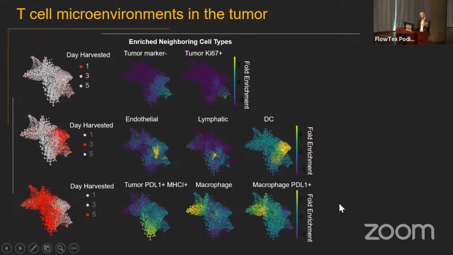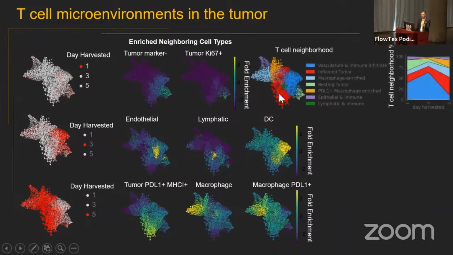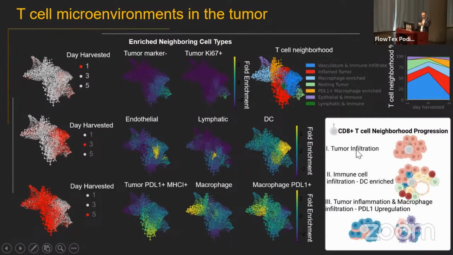This is really interesting and shows the rearrangement of the T cell microenvironment within the tumor. We can quantify that through unsupervised clustering, just like we would cluster cell types or cell subtypes, and quantify how the T cell microenvironments change over time. This way, we're able to characterize the T cell microenvironments and the processes they go through within the tumor.